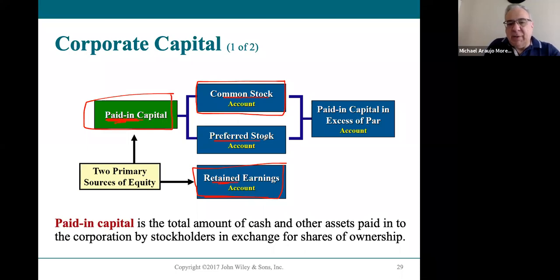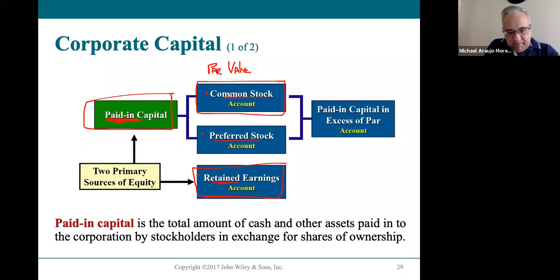Okay. Now this is where the par value comes in, or the stated value. On the balance sheet, these three accounts will be shown in stockholders' equity. You'll have a common stock account. If the company has preferred stock, you'll see the preferred stock account. And you'll see, of course, retained earnings.